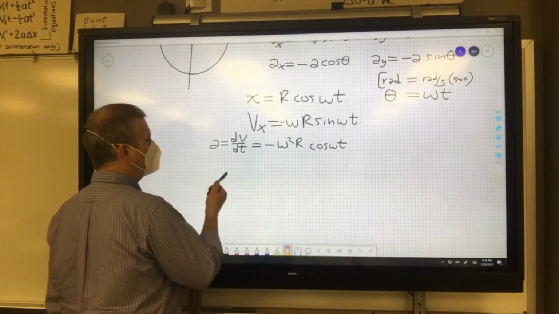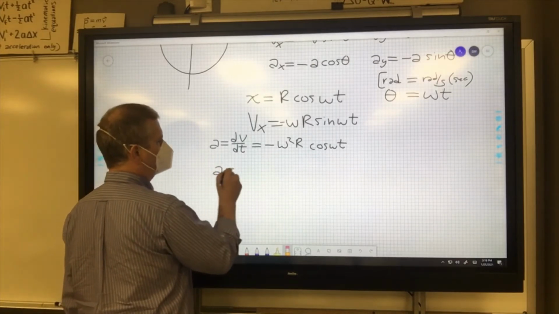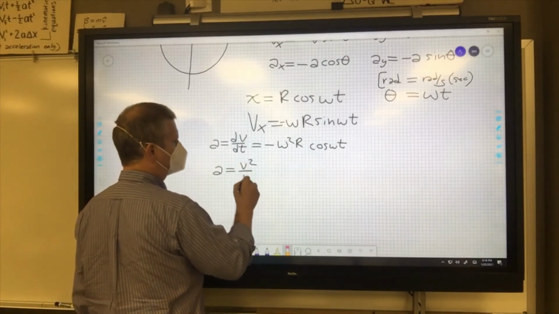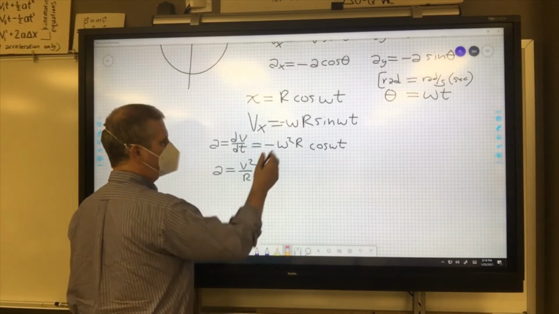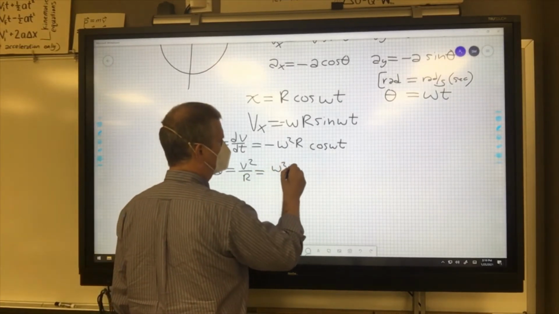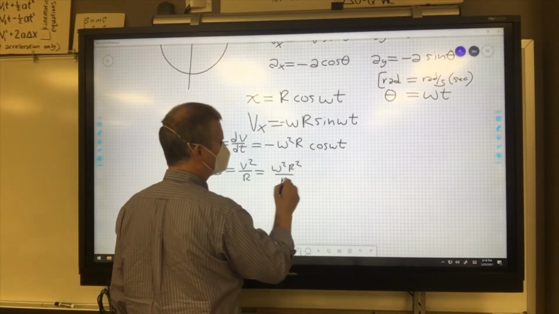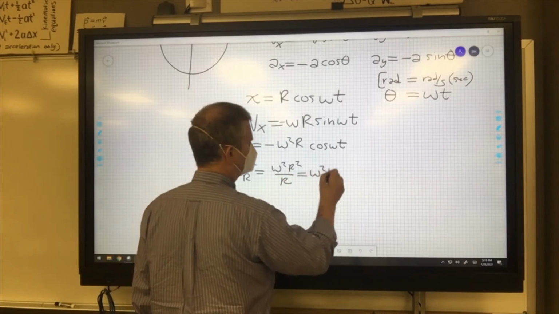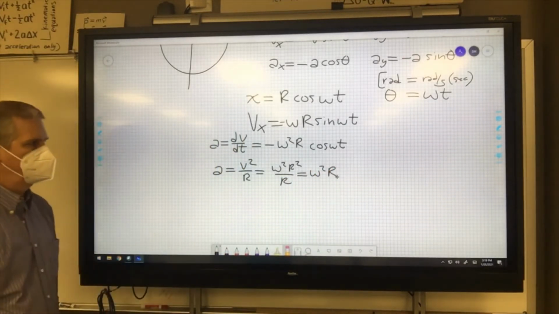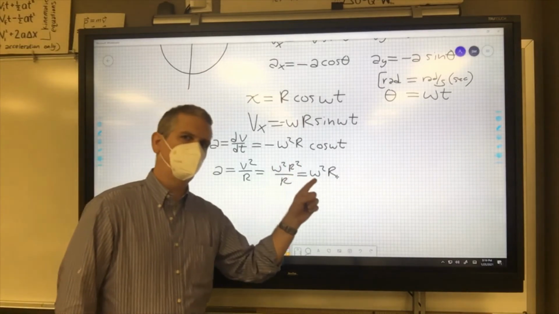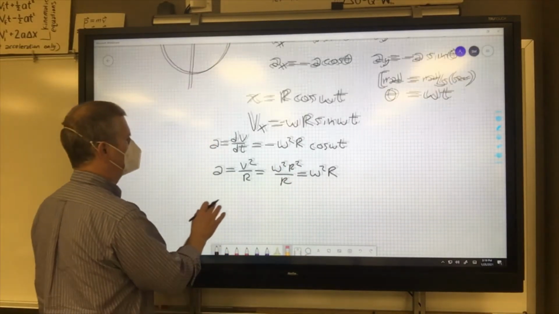Let's find out. Well, we know that a centripetal acceleration equals v squared over r. Well, since v equals omega times r, does it make sense that it's cosine though? Let's pick a spot.